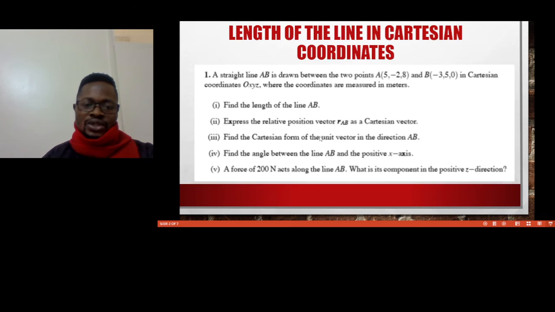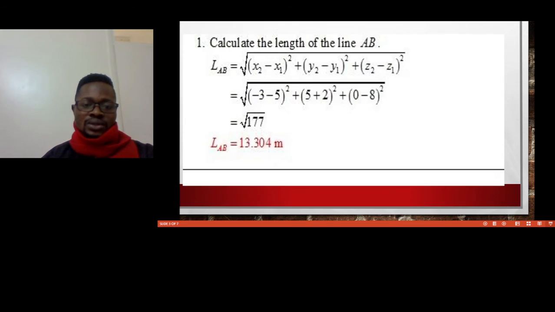Remember, in our equation, we have x1 is 5, x2 is -3, so we'll be using this x1, x2, and y1, y2, and z1 and z2. That's all we need to plug into that equation, and we are good to go.